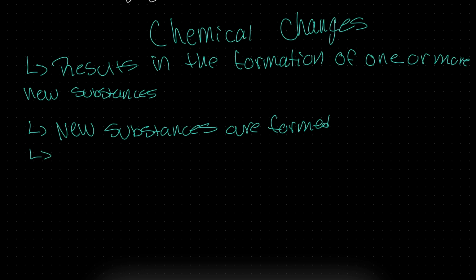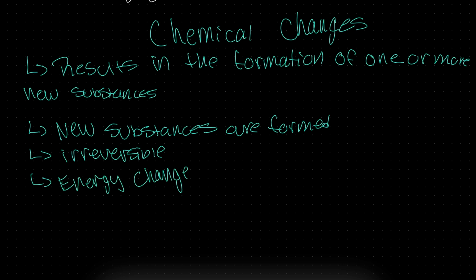In physical changes, it was reversible. Let's take a guess again. Irreversible. They are irreversible. There's also energy change. So if you notice some increase in temperature, decrease in temperature, that is a chemical change, because it's released or absorbed.